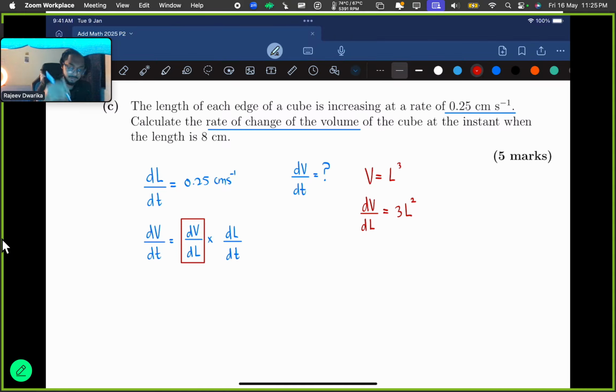So substitute 8. We're going to plug in 8 into that. That's going to be equal to 3 times 8 squared. 8 squared is 64, so 3 times 64 is 192.